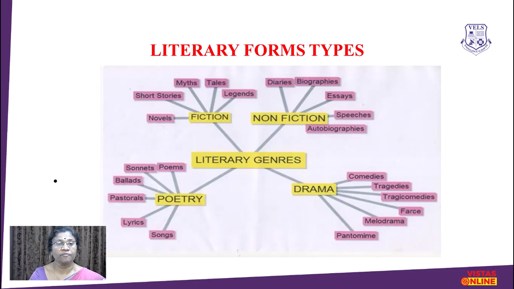If you narrow down to subgenres, we can talk about music, for example, and we have many kinds of music, for example, rock, rap, classical, hip hop, country music and so on and so forth. So this is about the difference between forms and genres.